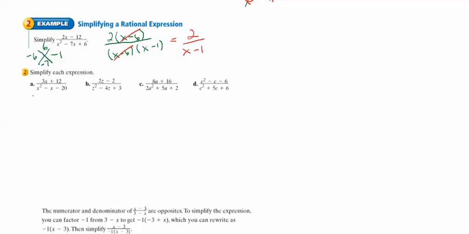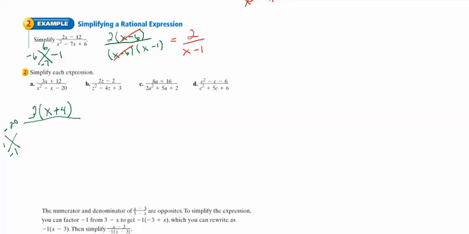Okay, so now my next one is 3x plus 12. Is there anything that these have in common? They have a 3. I can take a 3 out and make it x plus 4 at the top. At the bottom, I need to factor because I need to see if there's anything that I can have in common. So 1 times negative 20 is negative 20, add together to give me negative 1.